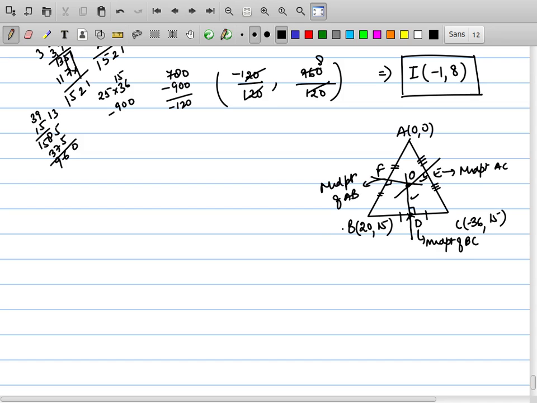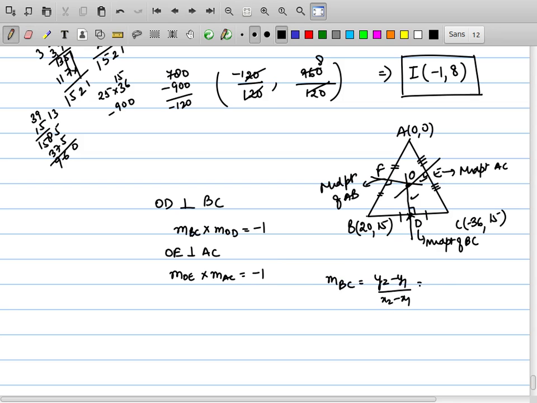Now we know that OD is perpendicular to BC. Therefore, if we know the slope of BC, we can multiply it by the slope of OD, and this should be -1. Similarly, OE is perpendicular to AC. Now if we want to find the slope of OE, we can multiply it with the slope of AC and put it equal to -1. Now the slope of BC can be found out because we know both the points B and C. y2 minus y1 upon x2 minus x1.